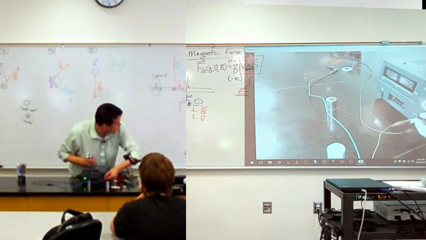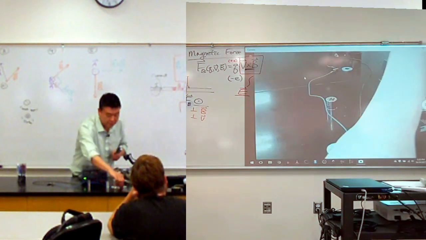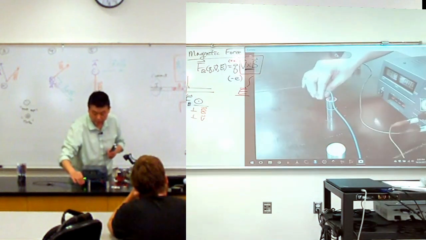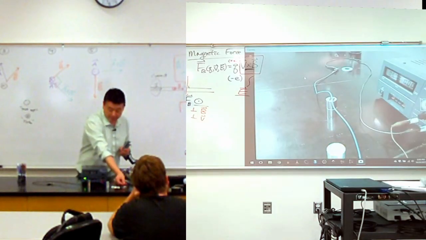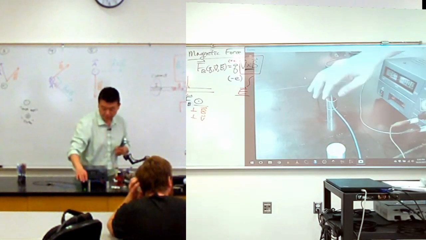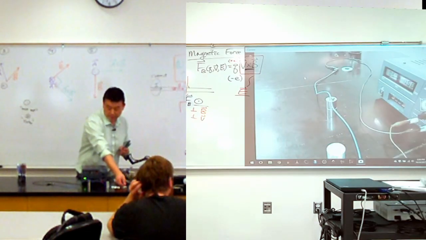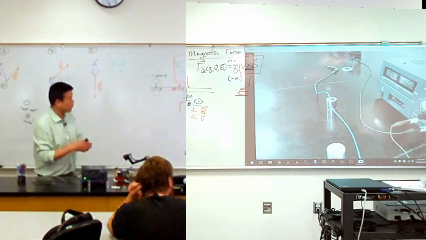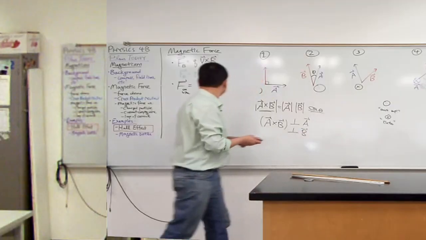So when the current is less, right now about half as much as what it was before, the magnetic force isn't as much. It doesn't move as much. It barely moved a little bit, right? So the magnetic force is going to be proportional to current.